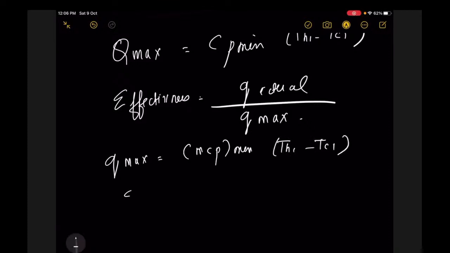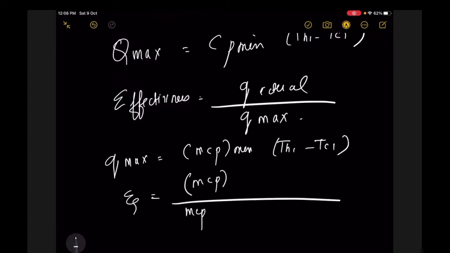So effectiveness, if you calculate, is MCP minimum times TH1 minus TH2, because here the actual will be TH1 minus TH2.